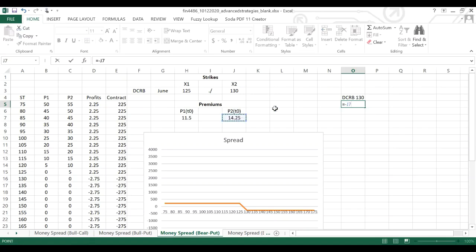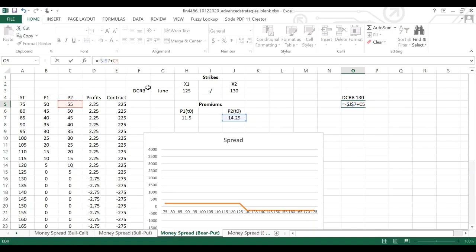So you're paying that premium, you lock this. And because you bought put option 2, which is the put option with the high strike price 130, if the put option gets in the money, you're getting the intrinsic value.